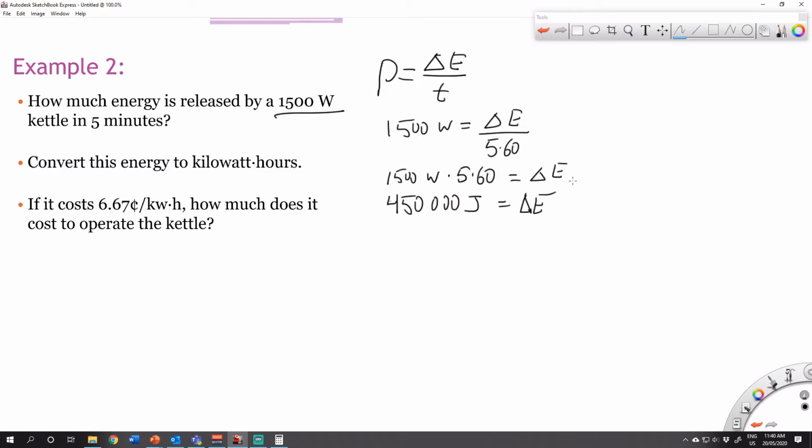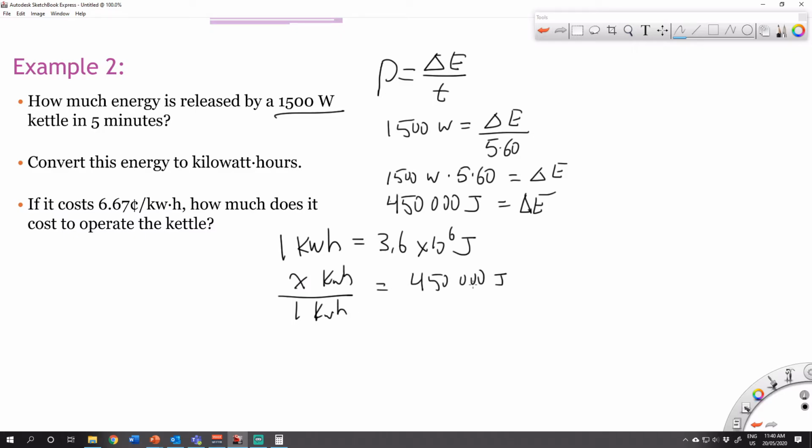Then we'll convert this to kilowatt hours. 1 kilowatt hour is 3.6 times 10 to the 6 joules. So for our conversion, x kilowatt hours over 1 kilowatt hour is equal to 450,000 joules over 3.6 times 10 to the 6 joules.